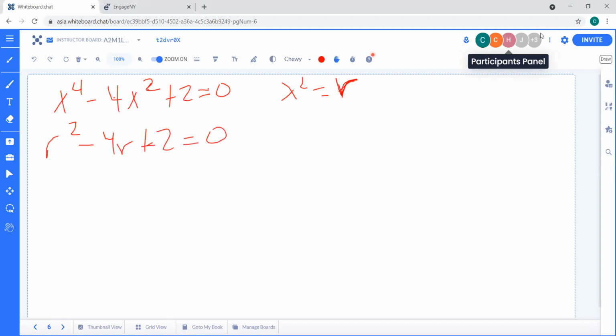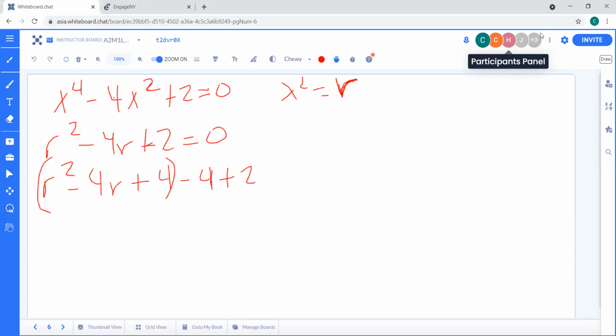Now we can factor this, or we could solve it for 0, find our zeros. And we're going to do that by completing the square. So that will be r squared minus 4r plus, well, half of 4 is 2. 2 squared is 4 minus 4 plus 2.